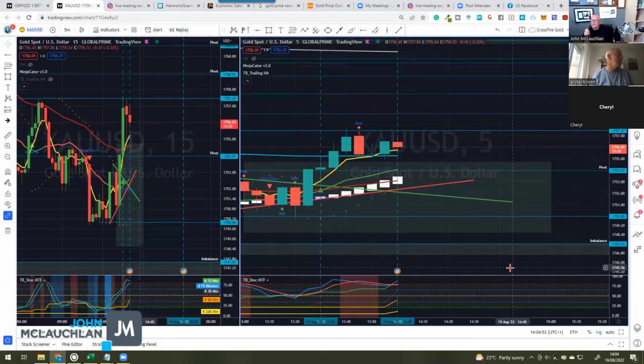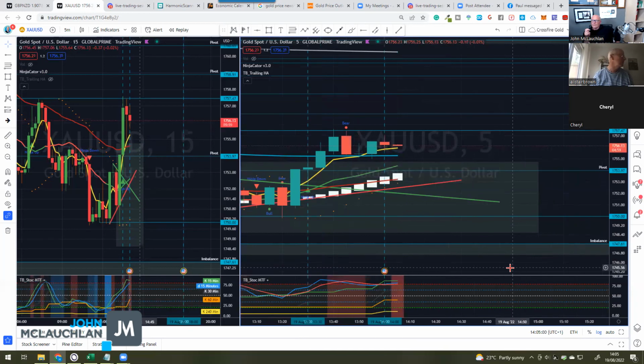Another 10 seconds for this time frame, and we'll see what's going to happen. It's always the way on the 5 minute, isn't it? When you think, oh, it's going to go in the right direction, and as soon as you get the new time frame, it goes in the opposite.